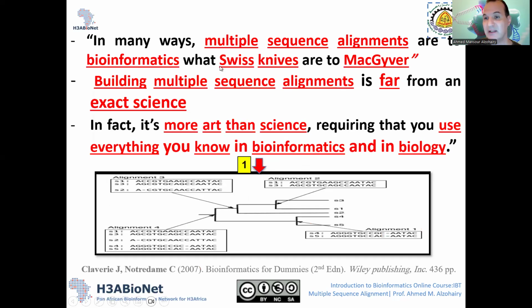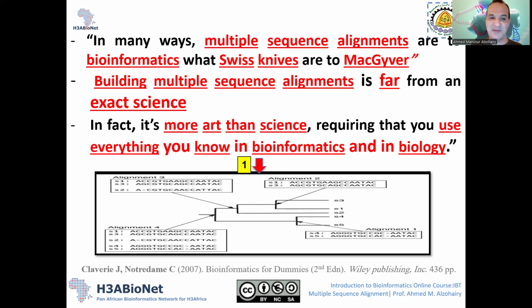Of course, building a multiple sequence alignment is like the Swiss knife for MacGyver. MacGyver is a very famous series from the 90s, and in this series, the hero usually builds many important and useful things for his missions using a Swiss knife. So he has a very simple tool, which is a Swiss knife, and in all episodes he uses it during his adventures for making very useful things for his missions.